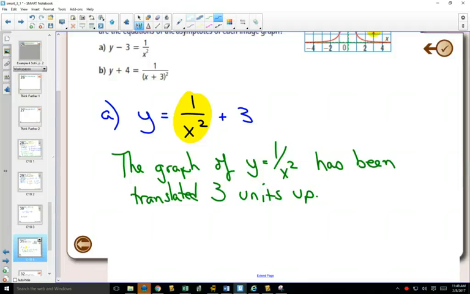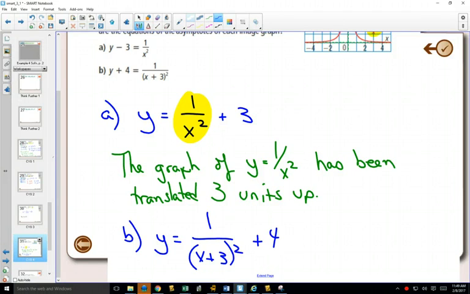And then for part B, same thing. I'm going to move things over. So again, I see, oh, that'll be -4 now. I see that there's something happening after the function, but now I also notice that where the x was, and the x was on the bottom of the function getting squared, now there is an additional plus 3 inside where the x was.